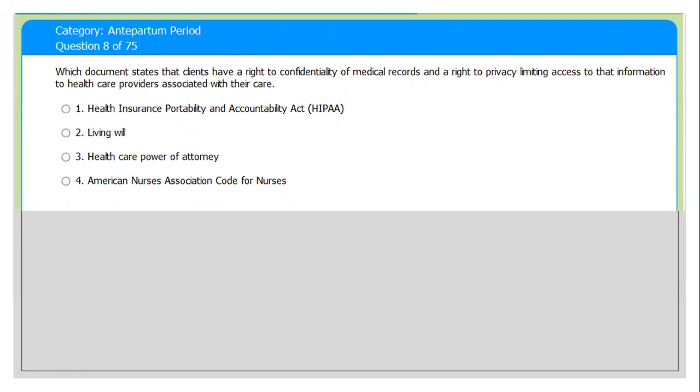So here it is important to know what the healthcare power of attorney is. Normally a power of attorney is a legal document that gives someone you choose the power to act in your place in case you ever become mentally incapacitated.